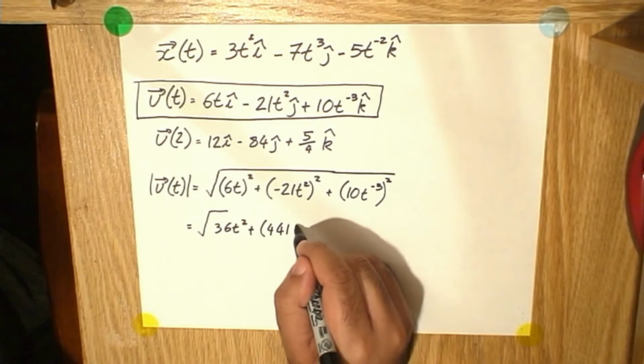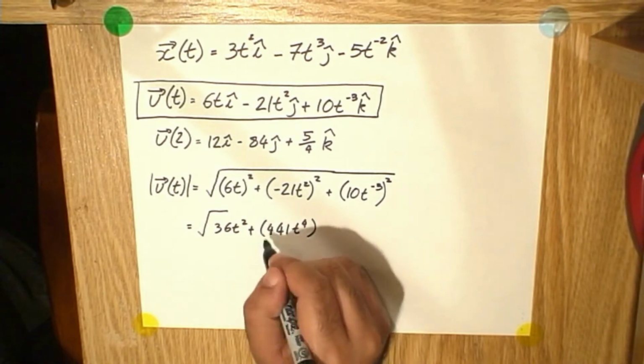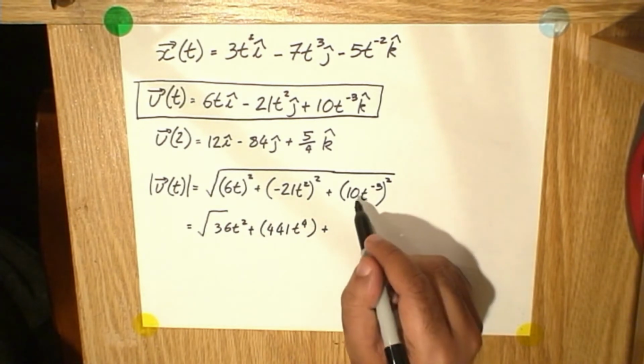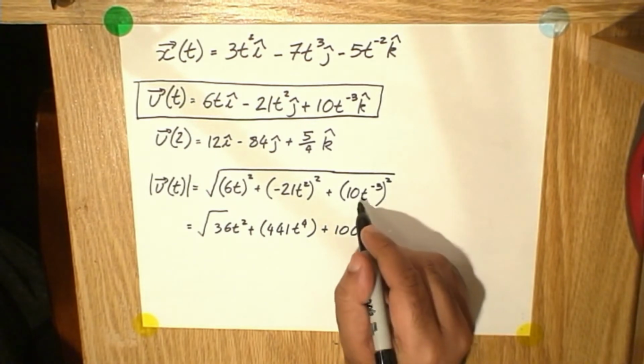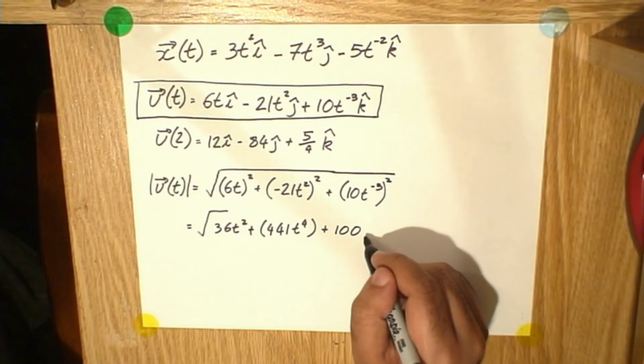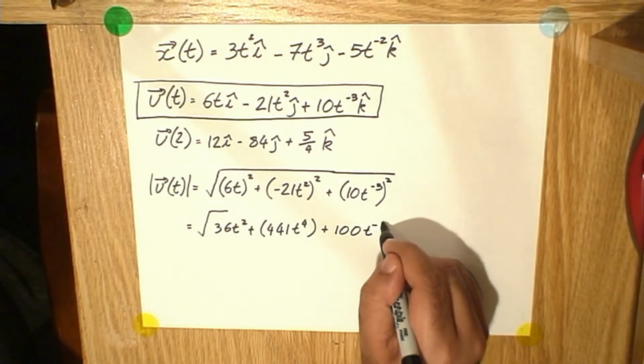T squared squared is going to be t to the 4th. Plus 10 squared is going to be 100. T to the negative 3 squared is going to be t to the negative 6.